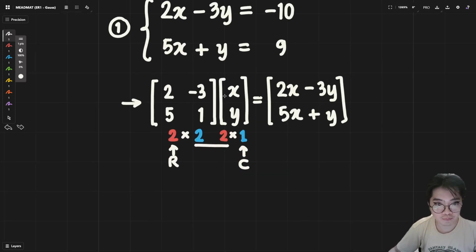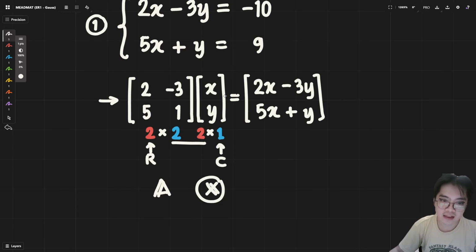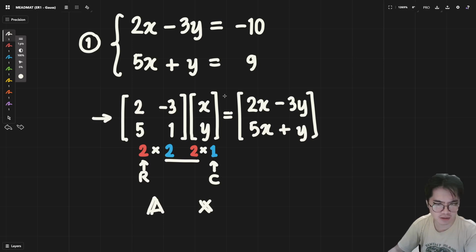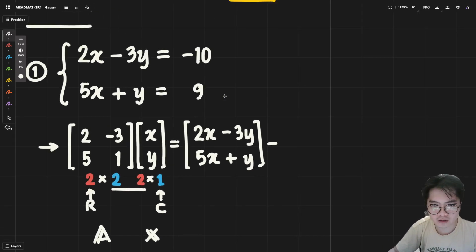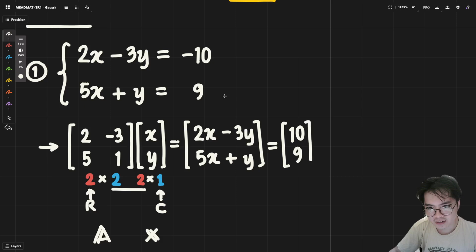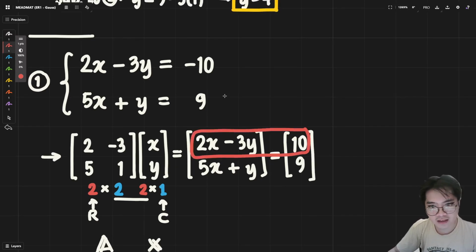Let's call this matrix right here matrix A, and let's call this matrix here matrix X. I will denote it with a small letter x, but this is still blackboard bold for us to understand that, hey, wait a second, that is a variable. Okay, and now what about this 10 and then this 9? Well, we can represent that as well with just another column matrix 10 and 9. Basically, what we're seeing in here is that for the first case, they are equal.